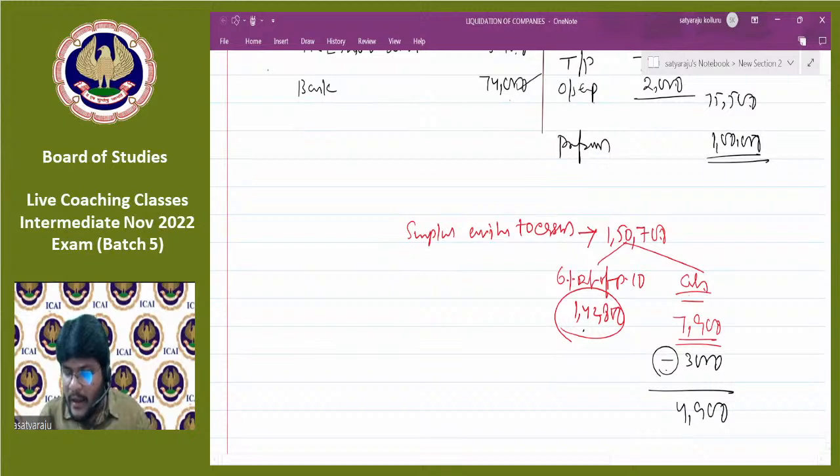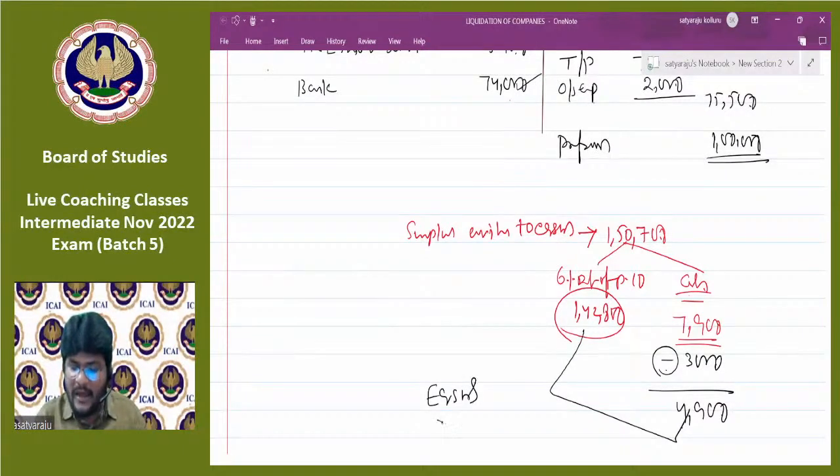Now please all of you concentrate here. To pay equity shareholders as well as liquidator, how much cash or debentures do we have available in total? 1,42,800 plus 4,900. Total we are having 1,47,700.